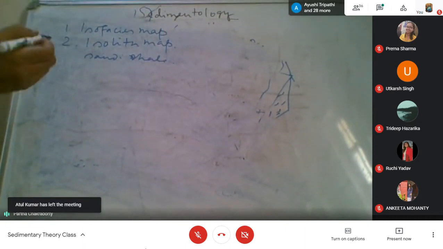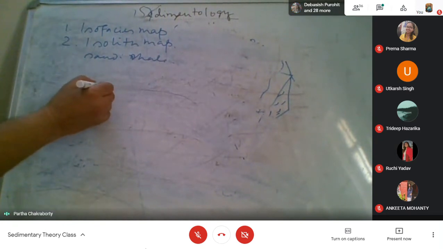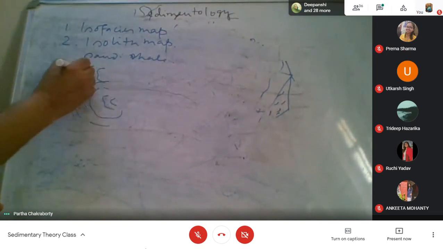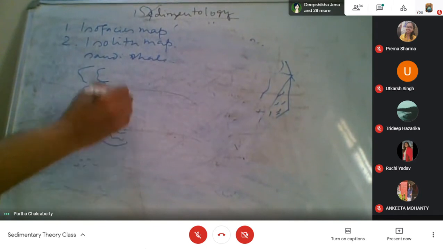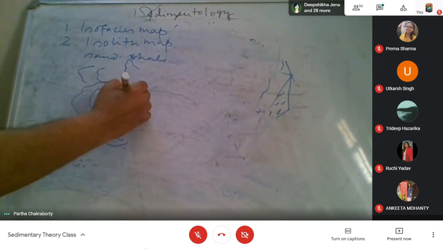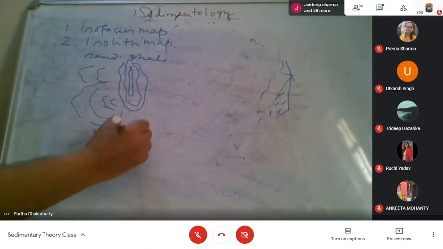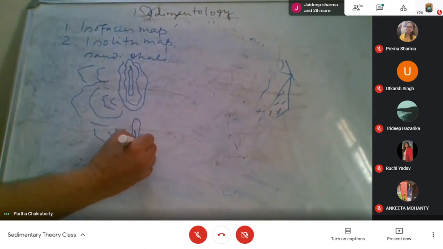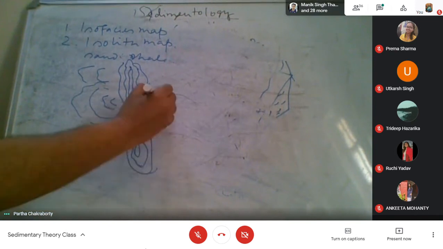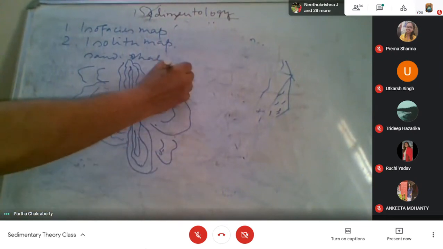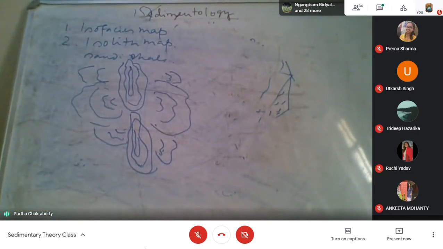What people find is that when they do the isolith map, they get this kind of the isopack or isolith map, which normally people identify as butterfly pattern.